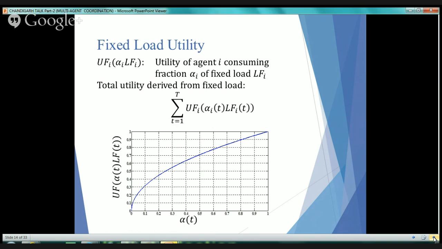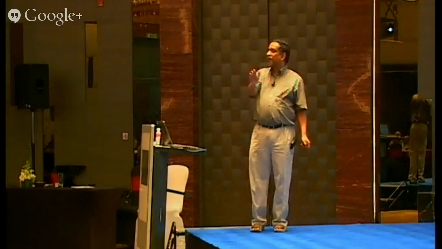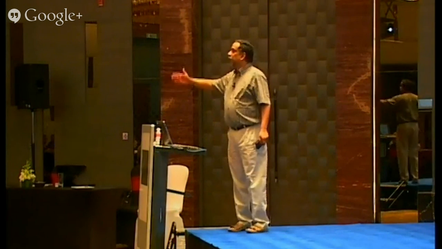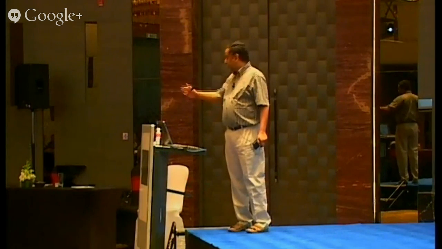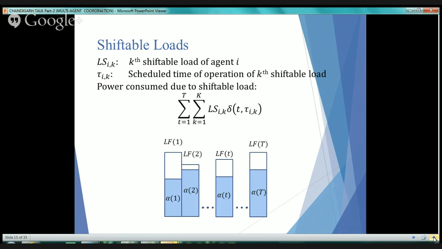And likewise, let me not get into it, but for the shiftable loads, sorry, this is a typo, these are shiftable loads. For shiftable loads, we have preferences. I want to turn on my washing machine during time interval 1, not time interval 2 or 3 or 4. So there are some desirabilities here, right? The amount of utility we gain from operating each shiftable load also depends on which time interval it's scheduled.